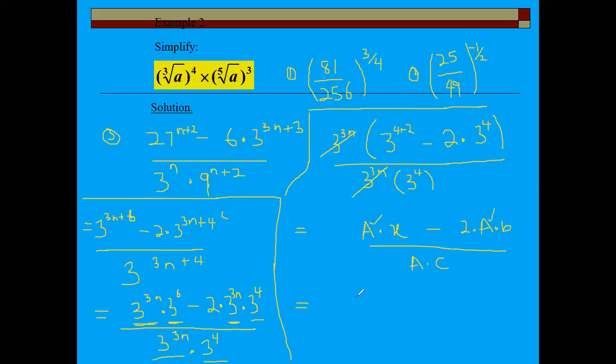You just factorize and bring the a out. If you bring a out, you'll be left with x minus 2b, okay, all over a into bracket c. So then you can cancel out the common term. Okay, so that is how we brought out the 3 raised to the power 3n. Have I answered your question for you?